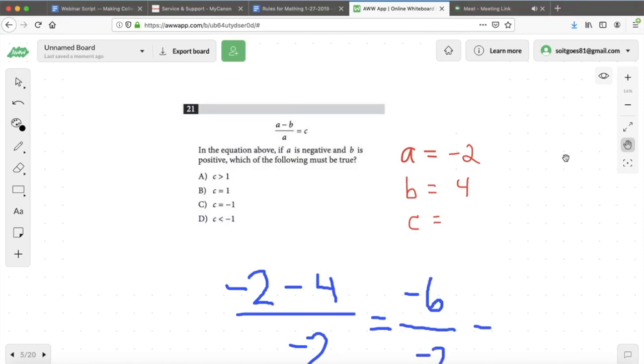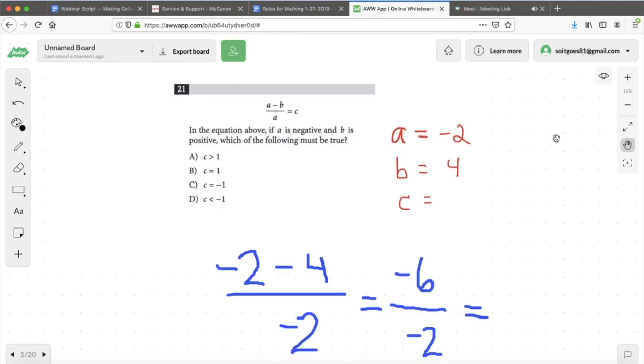Looking very good. You've got to remember how to deal with negatives here. -6 divided by -2 is 3, right? A negative divided by a negative is positive, just like a negative times a negative is positive. Really good. So C is 3, when A is -2 and B is 4.